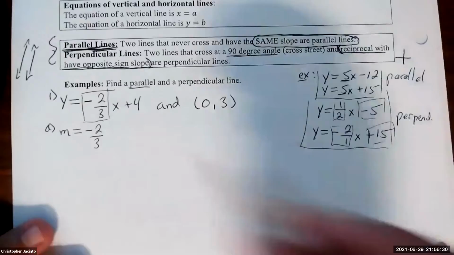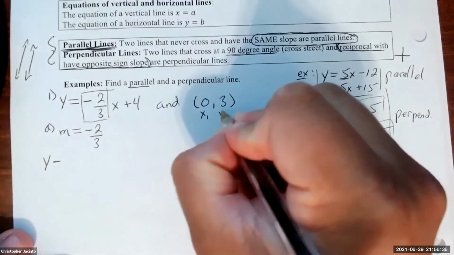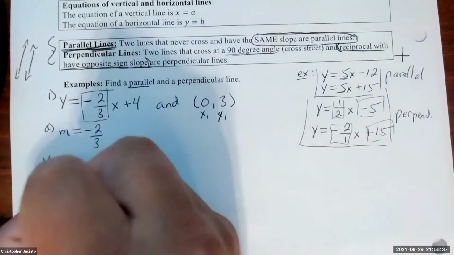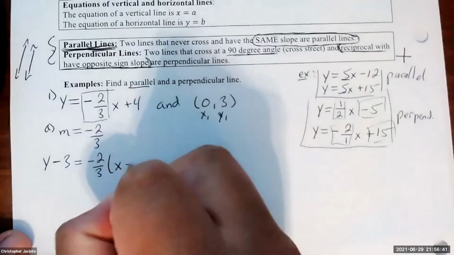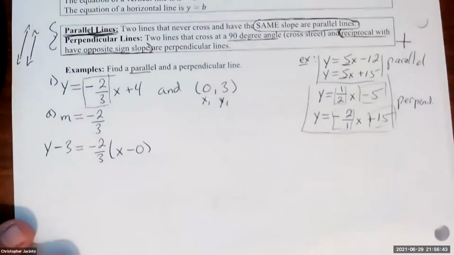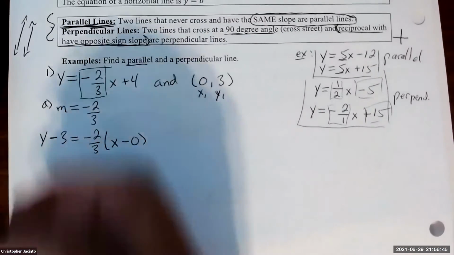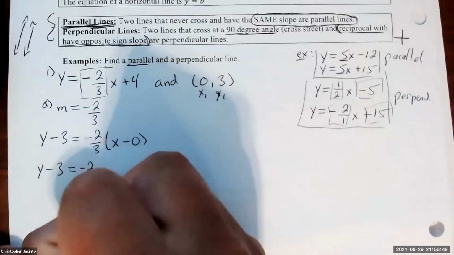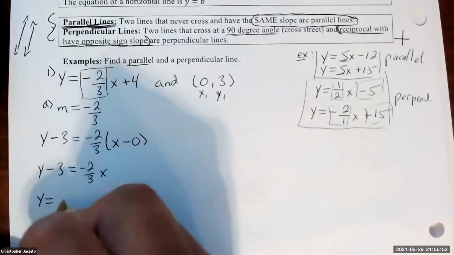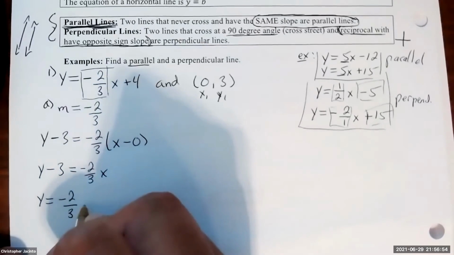So let's do that. Now we're going to have y minus, again, this is x1, y1, so 3, our slope, x minus 0. Okay. Bring it over. And this is our parallel line.